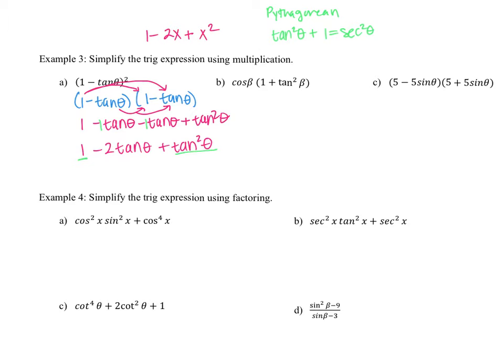So the beauty of this is that if I add 1 and tangent squared together, I get secant squared. So I can replace these two with secant squared, and I'll bring down the negative 2 tangent theta.